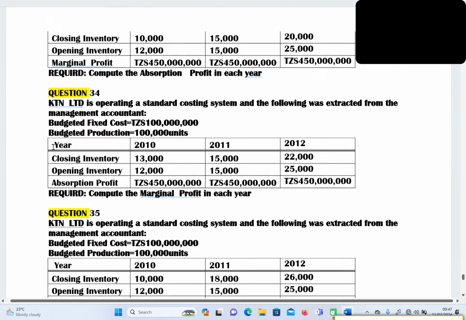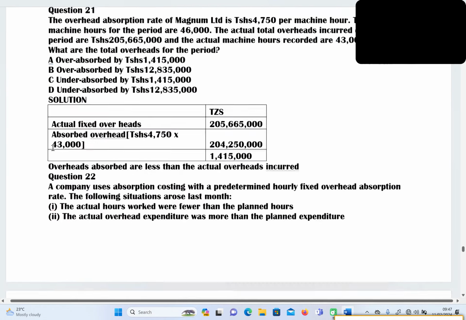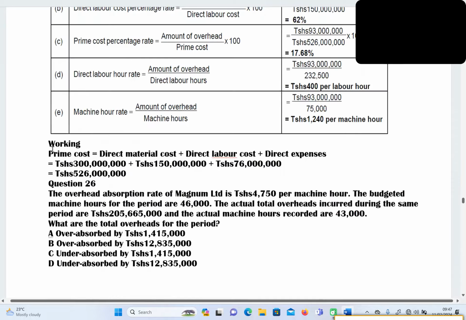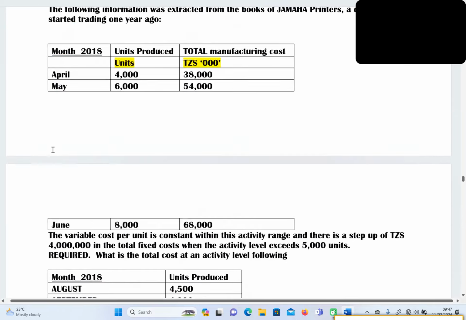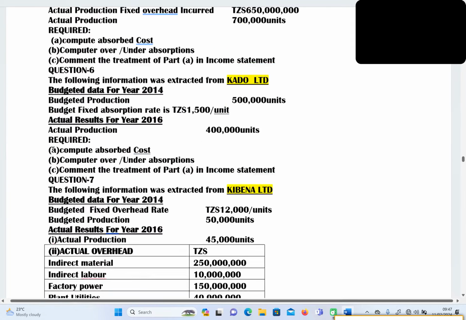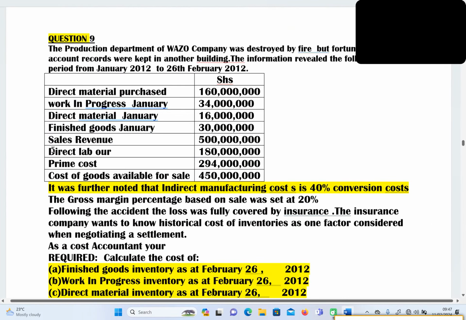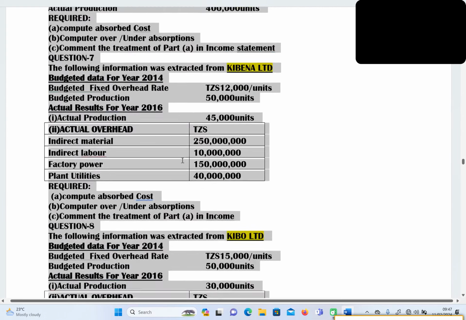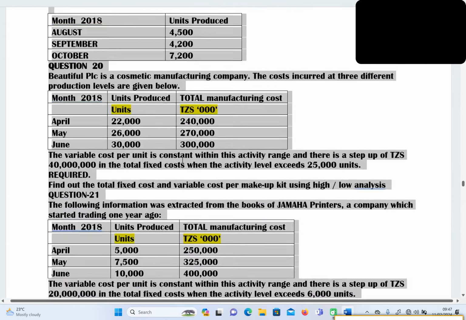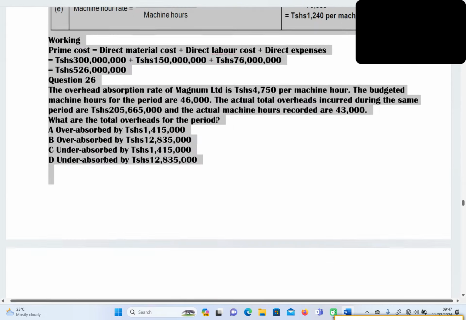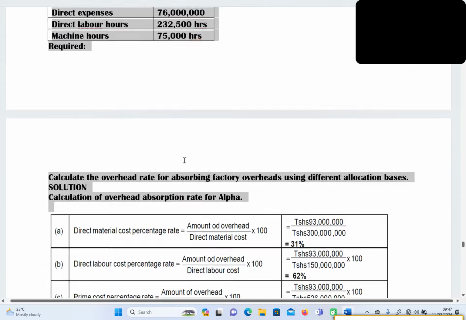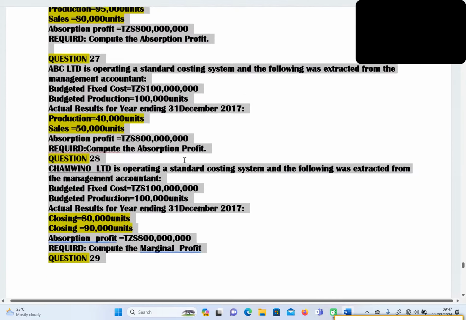Kwa hiyo najaribu kucheck zile ambazo tumedeal nao saa hizi zimeisha. Nataka nikuprint hizo tu ili ufanye alafu lete. Utaona unakomaa. Unapata fact, unaendelea, unacheck zile techniques, you solve them easily, and then you find out. Yes, naanzia hapa. Kwa hizi naziondoa kwa sababu hatuja discuss. Kwa hiyo pia usikize video ya over na under absorption.